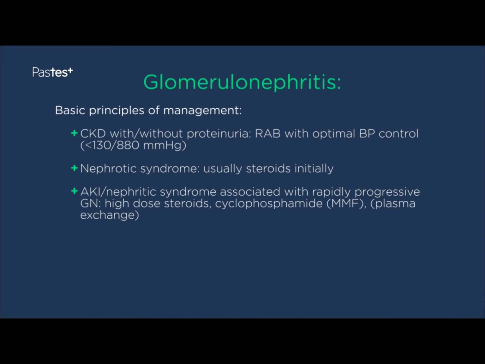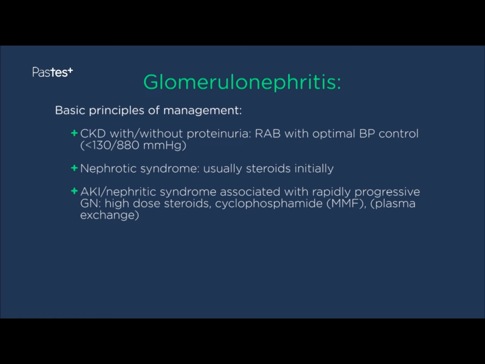In terms of the basic principles of management of glomerulonephritis, firstly, if a patient has CKD with or without proteinuria as the clinical presentation, then as for other cases of CKD, the primary treatment is blood pressure control to 130/80, and particularly the use of renin-angiotensin blockade.